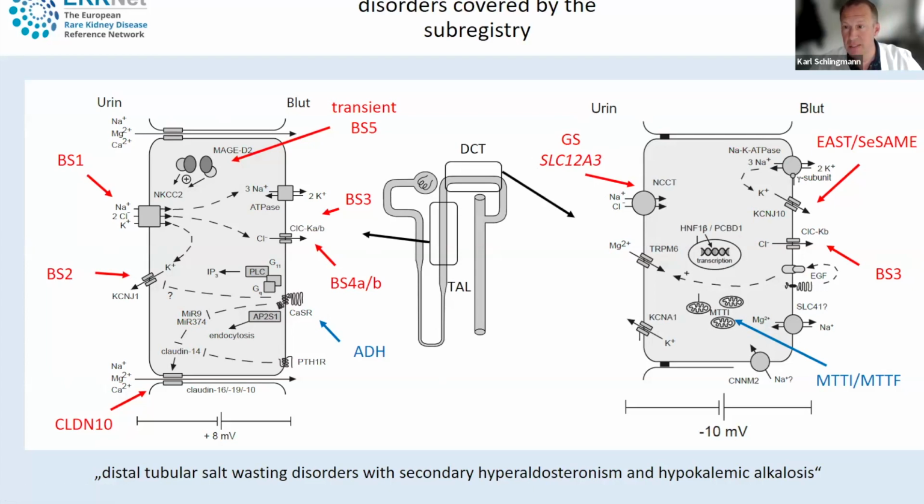And besides the typical NCCT-related Gitelman syndrome, there are also very rare forms like the mitochondrial forms of Gitelman or HNF1 beta that in some cases might produce a phenotype similar to Gitelman syndrome, which should also be covered here.